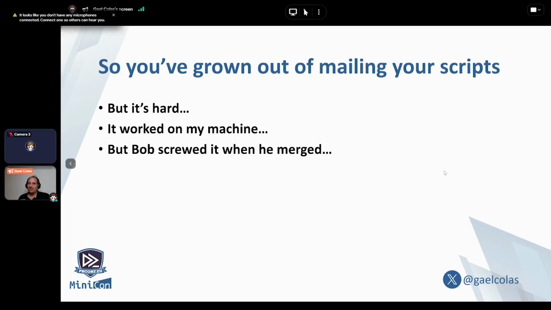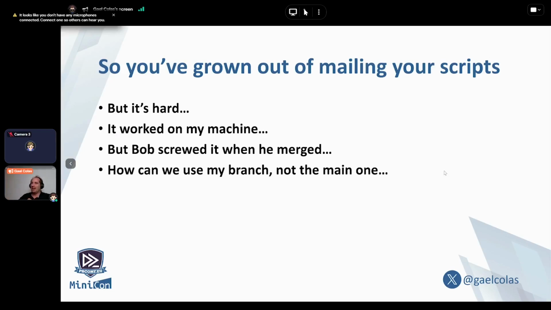And then Bob screwed it up when he merged his changes with mine. And obviously it's Bob's fault, right? Or not. How can we use my branch, because I'm doing everything through Git and he's doing everything through Git, but I trust my branch and not his branch, or not the main one. So I would prefer to use my branch than the main branch.